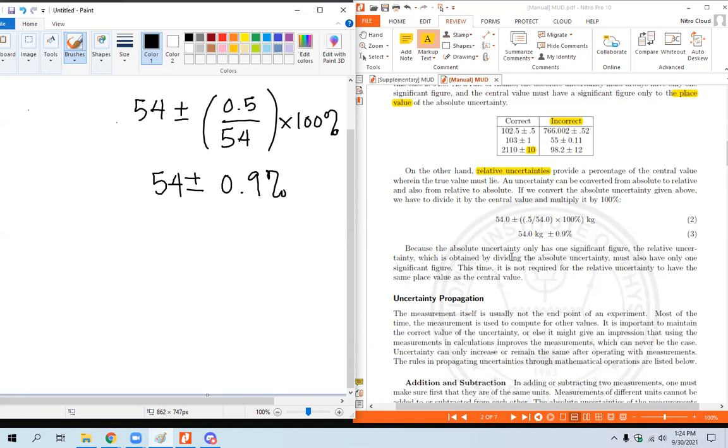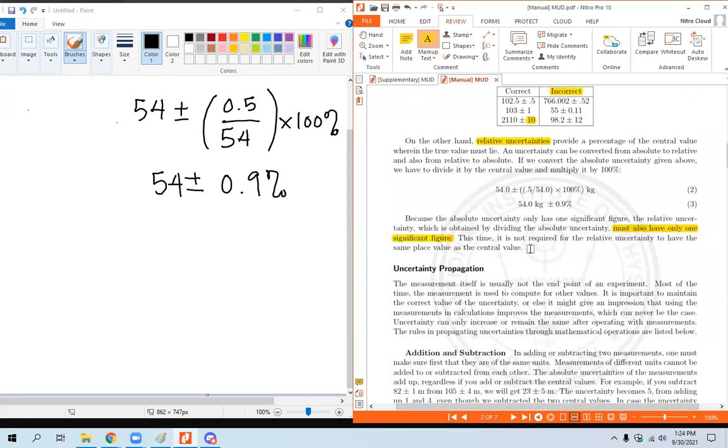So just like with your absolute uncertainty, your relative uncertainty must also only have one significant figure. However, yung second rule, which concerns the place value, is not anymore as strict. So regarding absolute and relative uncertainties, do you guys have any questions so far?